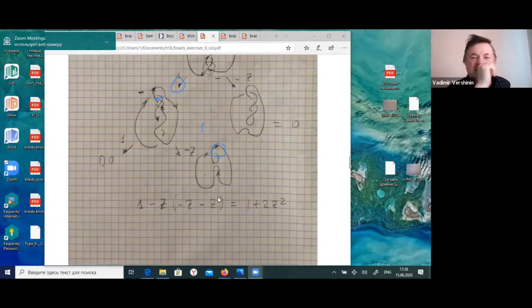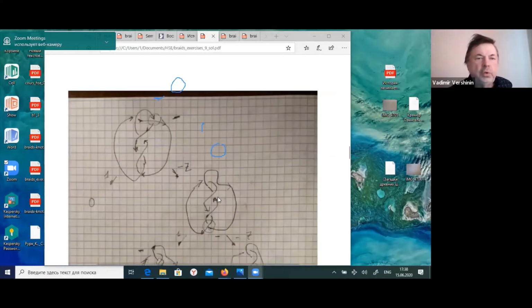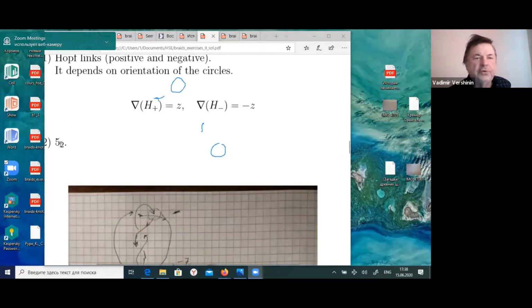Different, and that 2 is different from what we got before. Before we got 1 plus z squared for trefoil, 1 minus z squared for figure 8.